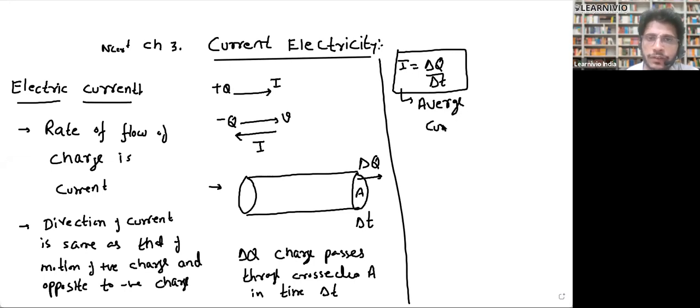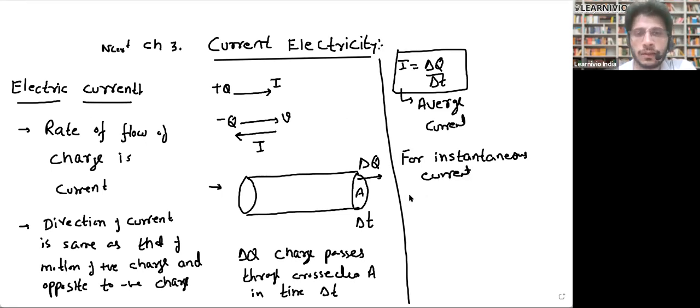This current is average. If you need instantaneous current, then I can write that I is limit delta t tends to 0.